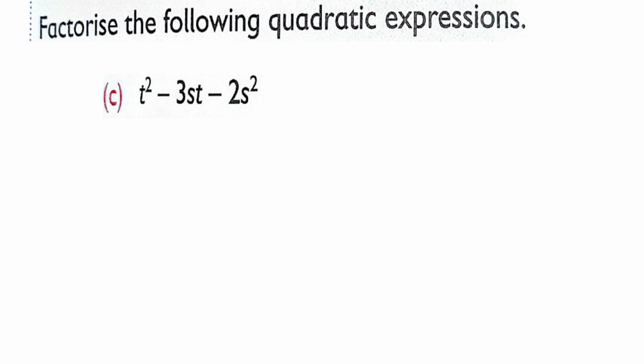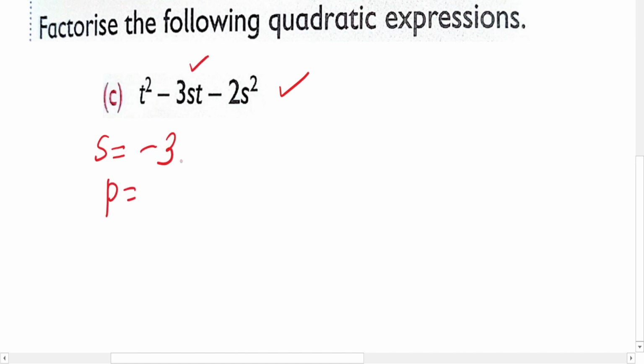Now if you have something like this, again the same thing, your sum is basically negative 3, your product is negative 2, and obviously your factors. Now which number, if I multiply, gives me negative 2, and if I add those same two numbers, gives me negative 3?